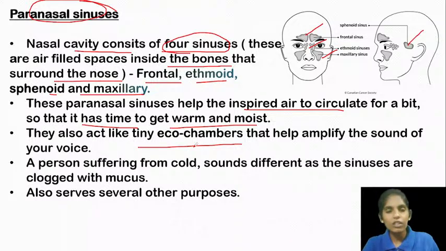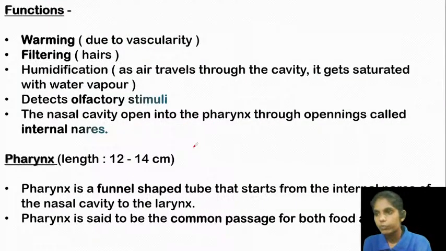Why? These sinuses will be filled with fluids, so the air cannot circulate in these sinuses because of the presence of fluid. And as a result, there will be a change in the voice in persons suffering from cold. So that is about the paranasal sinuses.